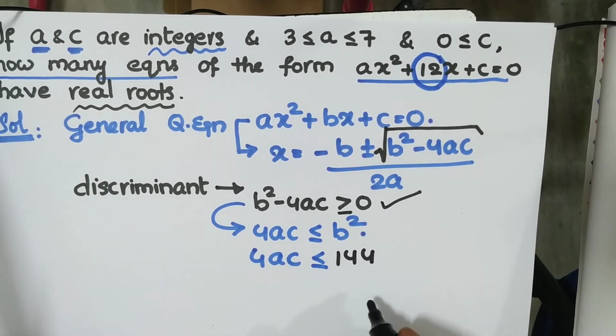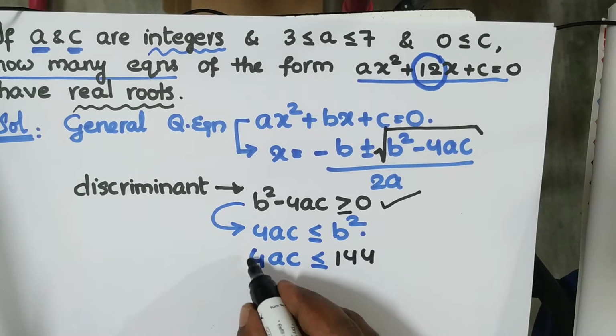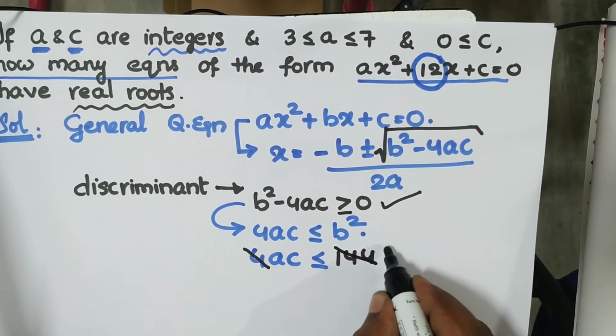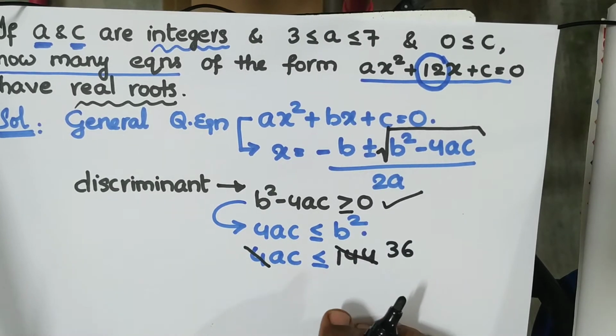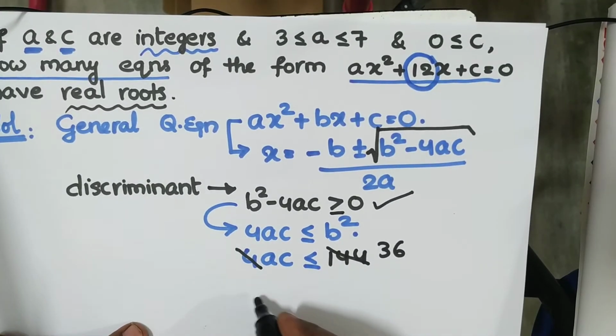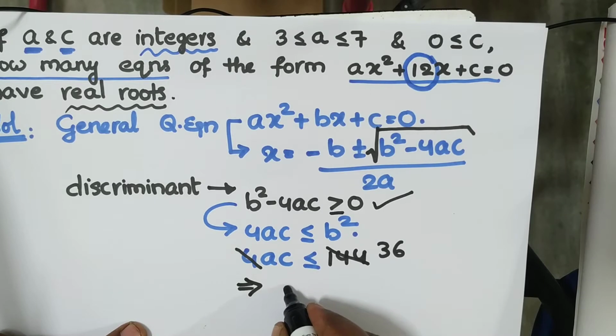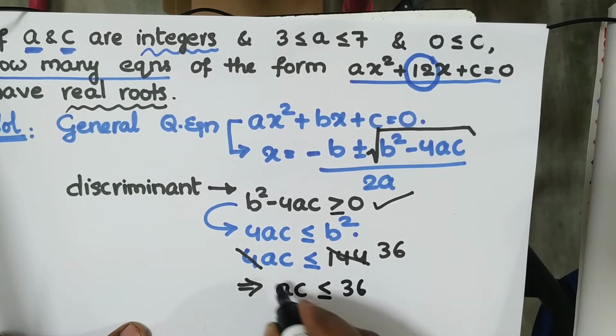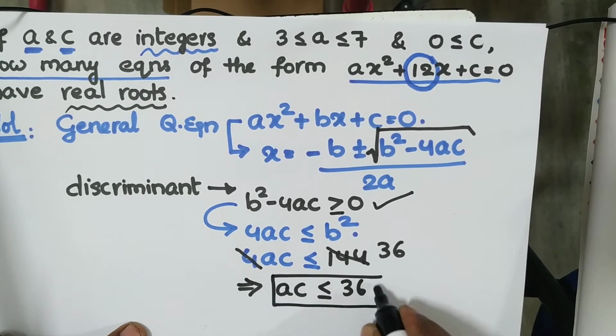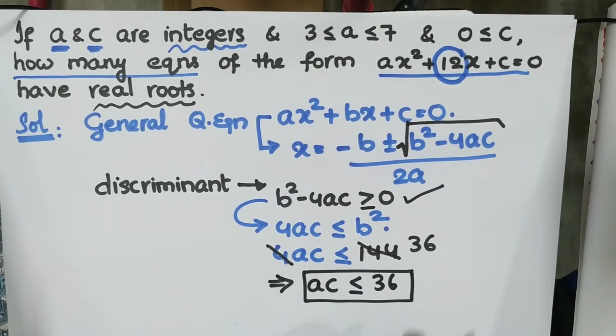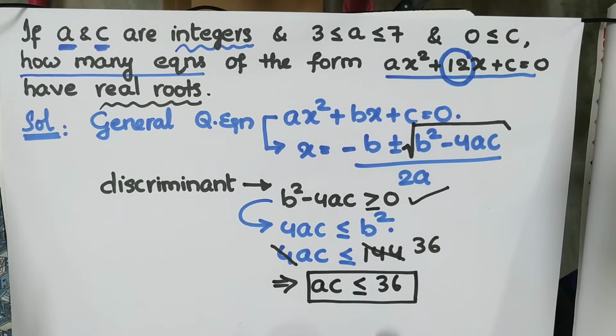Now you can rule it out. So 4 times 36 is 144. So finally we have landed at this: AC less than or equal to 36. So AC must follow this condition.